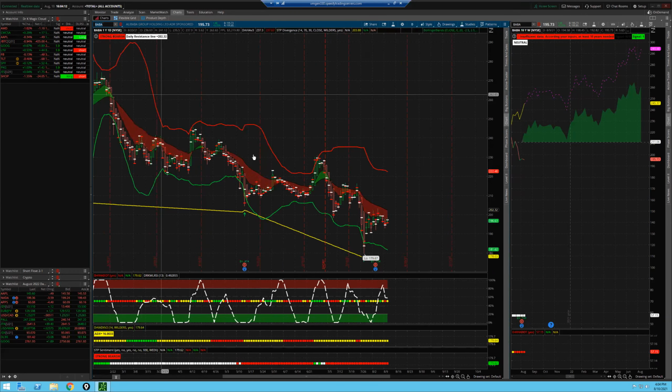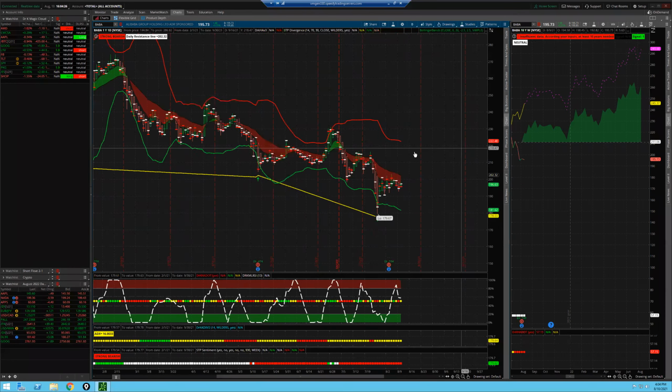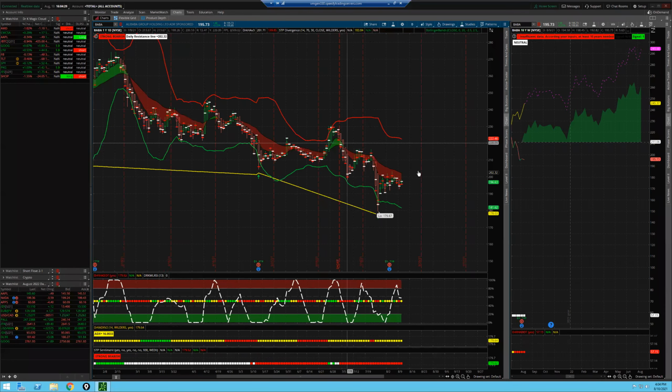Okay, so BABA, again, the red cloud has been respecting that pretty well. We had one reversal right here, but other than that, it's been red since May. So what is that telling you? Institutions are offloading BABA right now, so you probably want to only look for shorts.